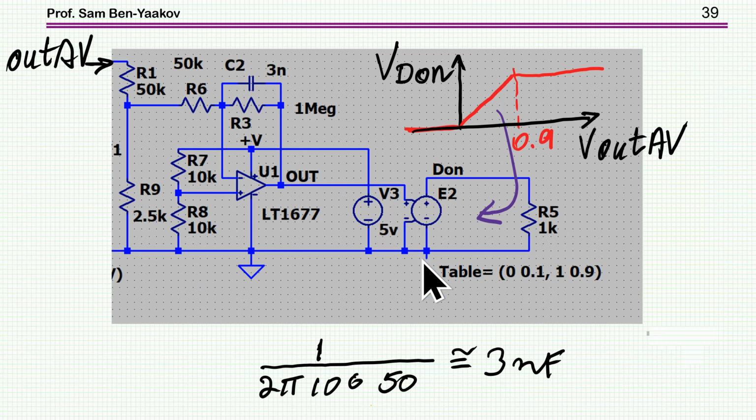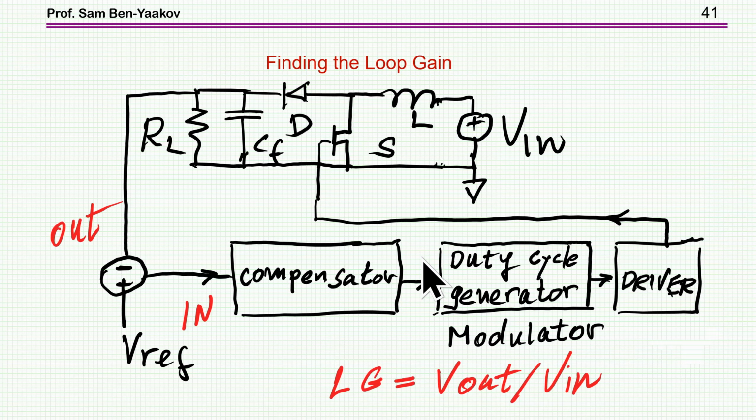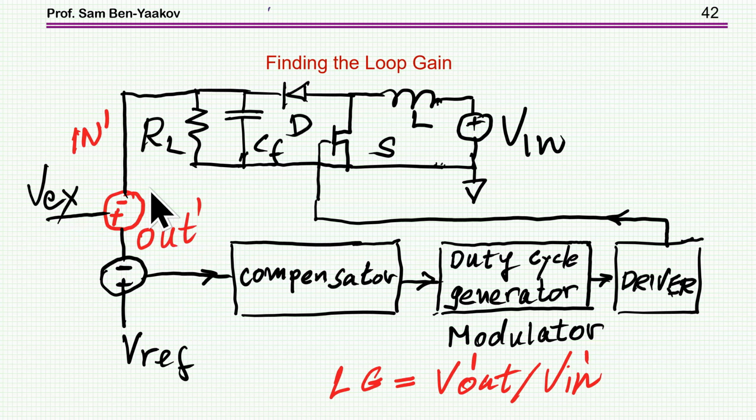So in order to avoid this, what is normally done is we're going to generate another junction here, which is very clear, from which we can get this transfer ratio, the loop gain. And this is done by adding another junction here.